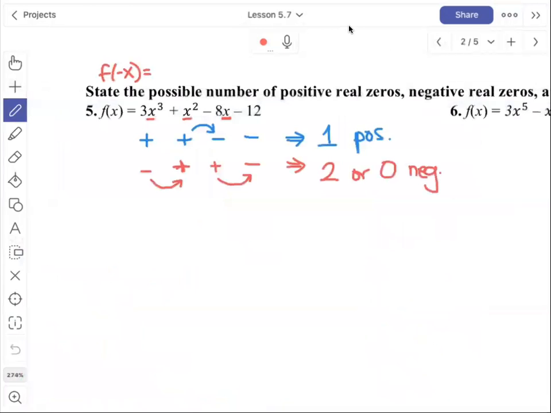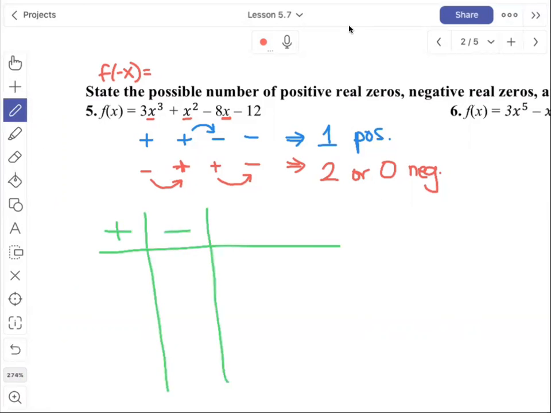So going back to this problem, to state the possible number of positives, negatives, and imaginary, I think it's easiest to build a chart to organize this. This will be the number of positives, this will be the number of negatives, and this will be however many imaginaries.